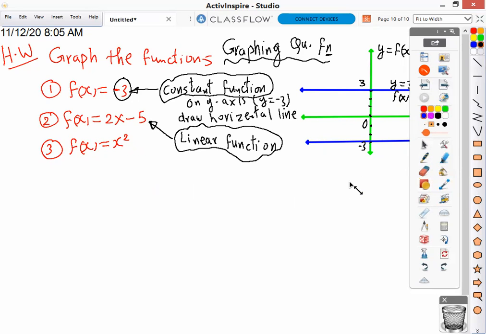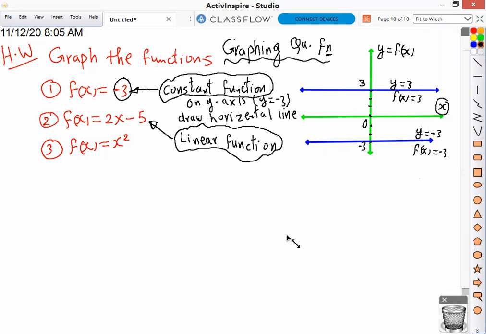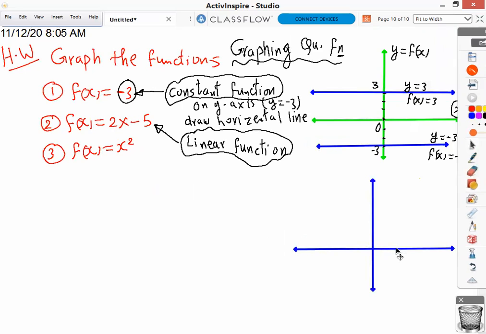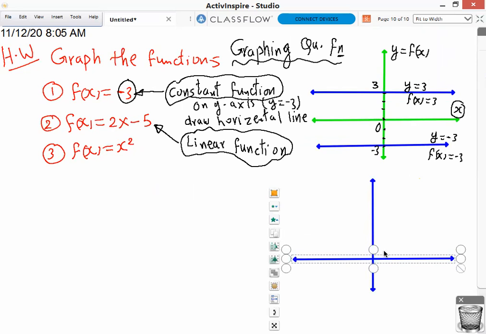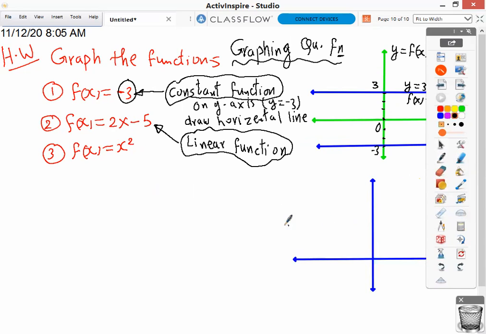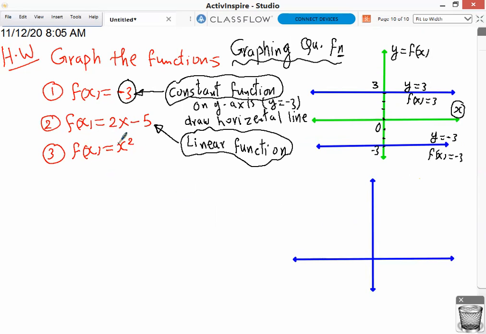Okay, we can take the same color. It is the x-axis. It is the y-axis. About the third one.